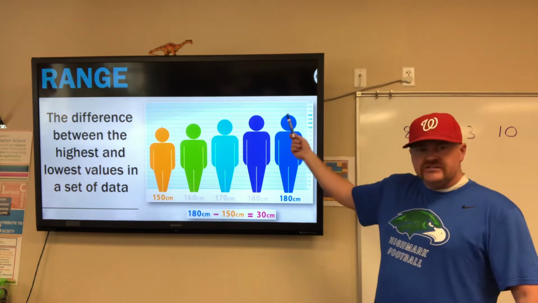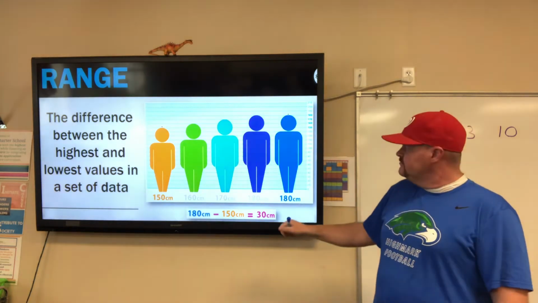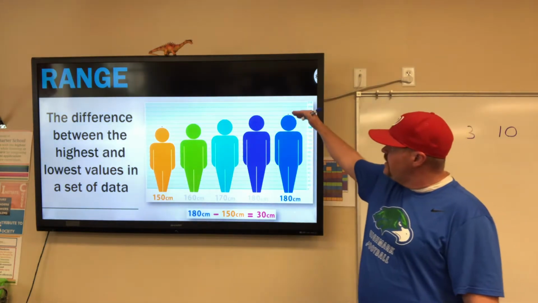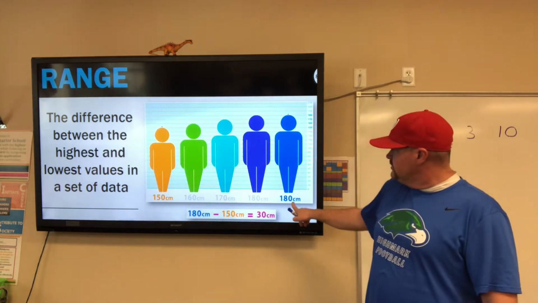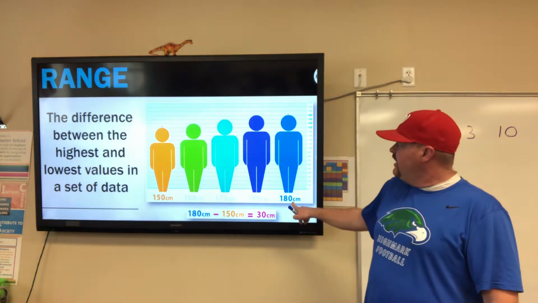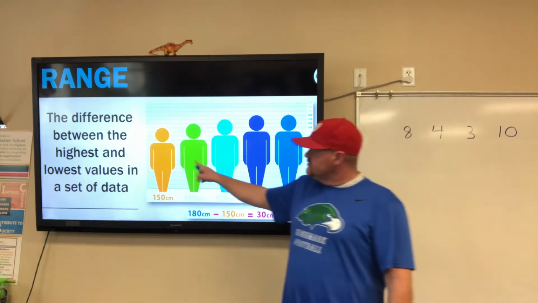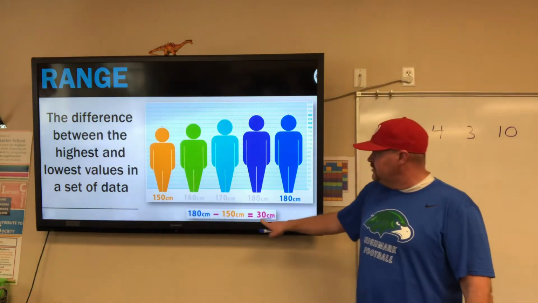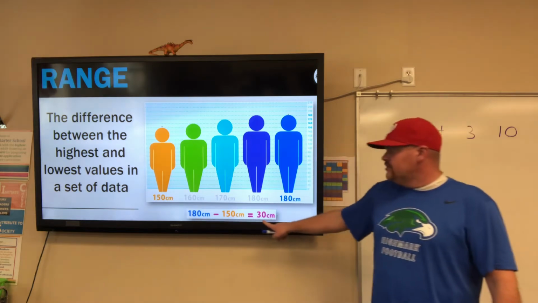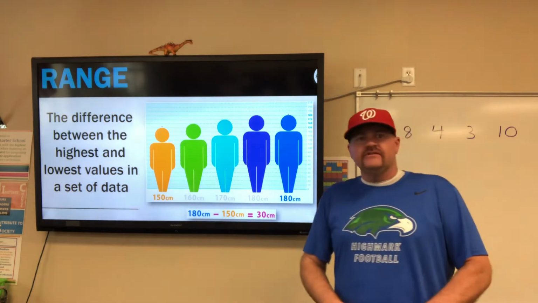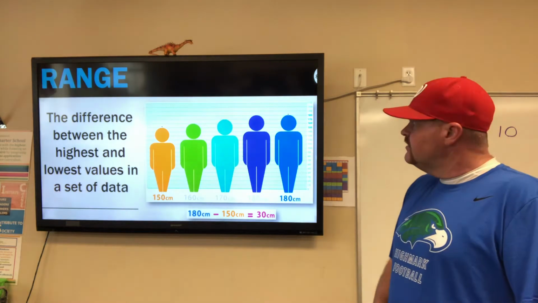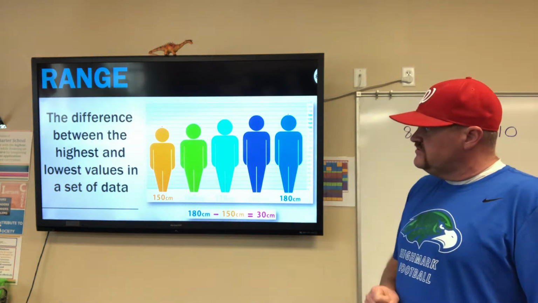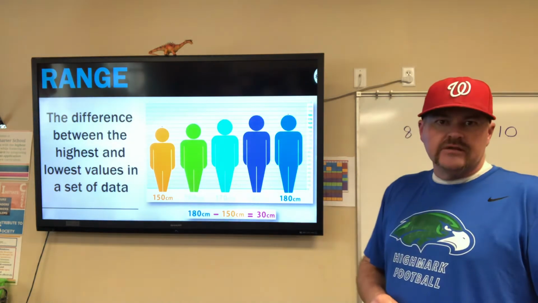To determine the range, all you have to do is take the largest height, which in this case was 180 centimeters, and from that subtract the smallest height, which is 150 centimeters. The equation says 180 centimeters minus 150 equals 30 centimeters. So the range with this set of data is 30 centimeters.